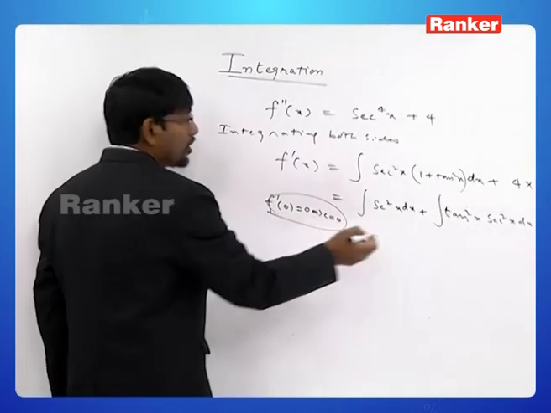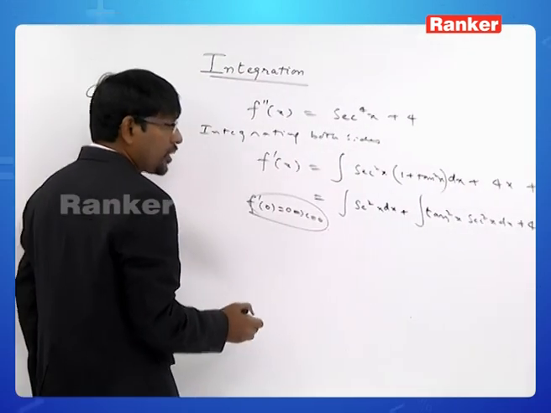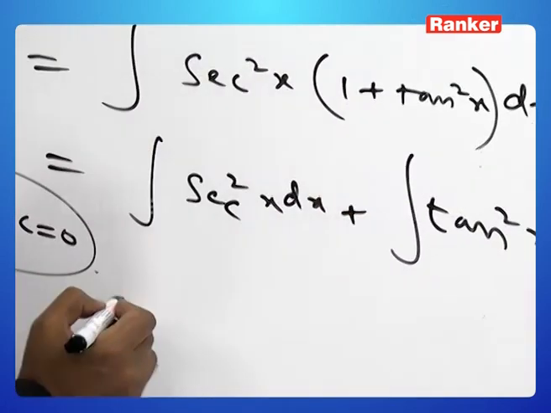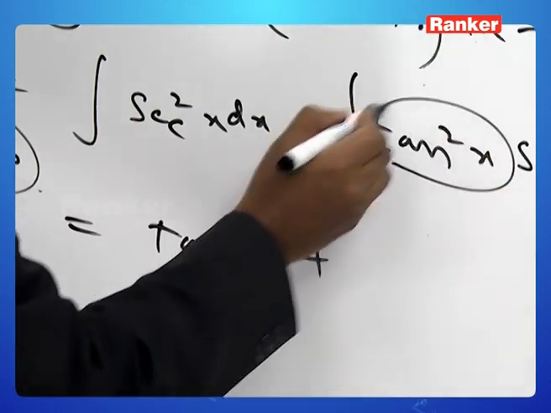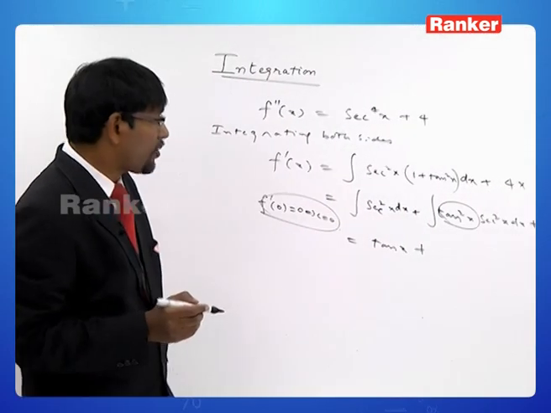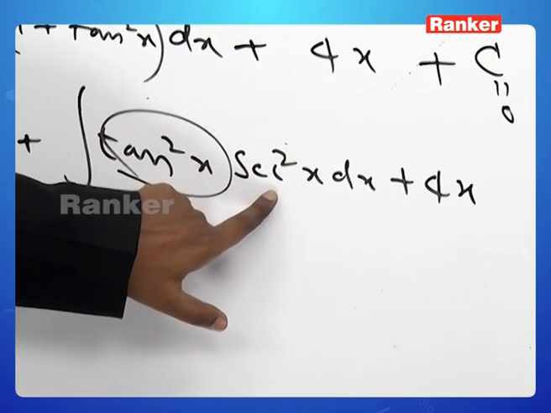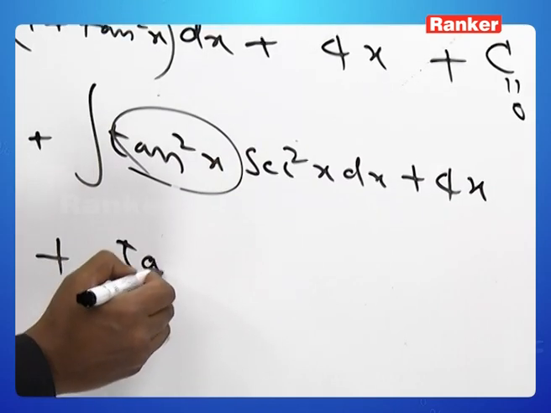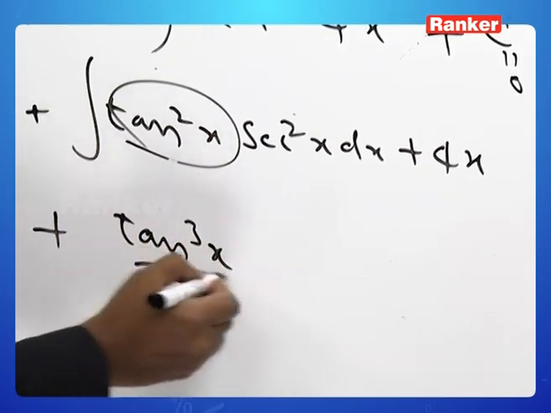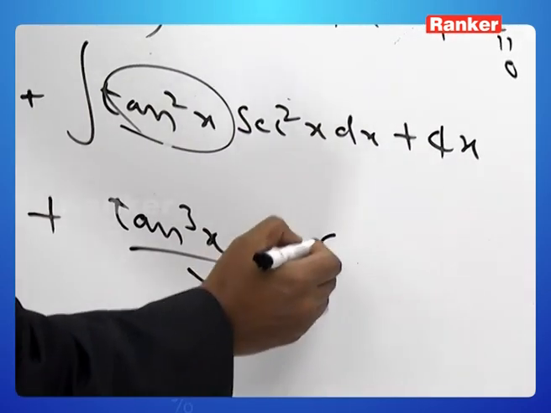So, I will just forget about this c, I will not carry that. Now, the integral of secant square x is tan x, and then this is in the form of f of x square into f dash of x. So, tan square x into the derivative of tan x. What is that? That makes it tan cube x by 3 plus 4x.